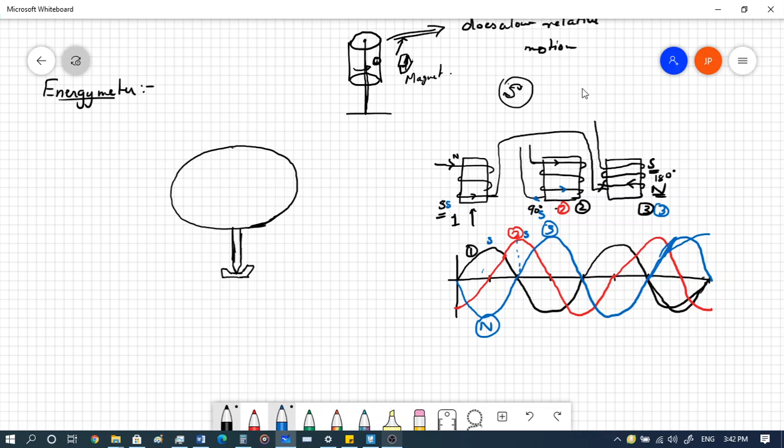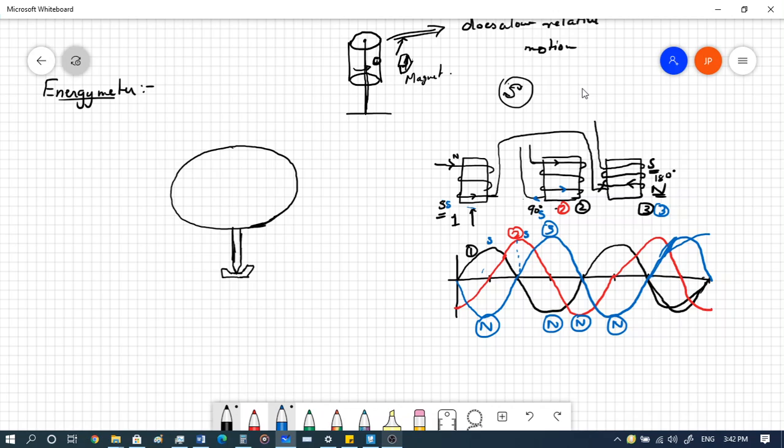By the time, 1 has become north, 2 has become north, and after that 3 becomes north. So what happens is that with time, this magnetic field is continuously rotating, right? Which means that if you place these magnets on top of this disk, you will get a rotating magnetic field without any physical motion, right?